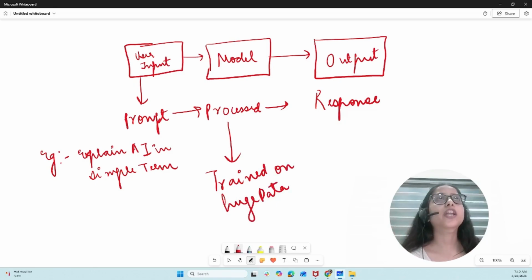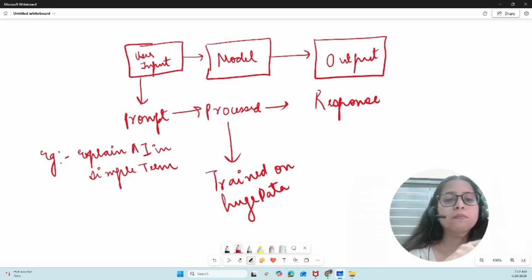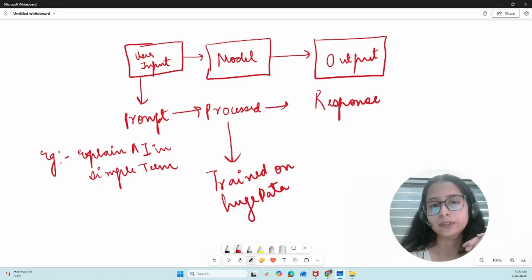These models are trained on a massive amount of data from the internet. It is trained on books, articles, websites. All of this data is used during the training. Okay, once the model is trained, then it can give the output based on the training we have given to it. Okay, but here is the most important thing.